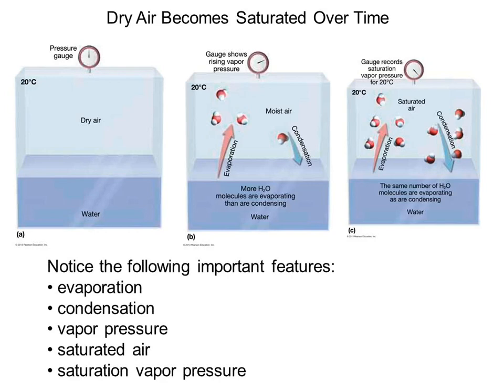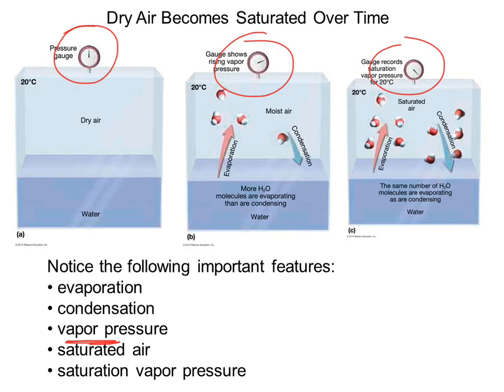So the terms we've talked about are evaporation and condensation. These are things that you already knew. And saturated air. The vapor pressure, or saturation pressure, would be that little knob up at the top. That actually shows you the vapor pressure in that headspace above the liquid.